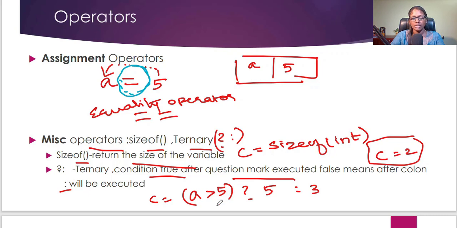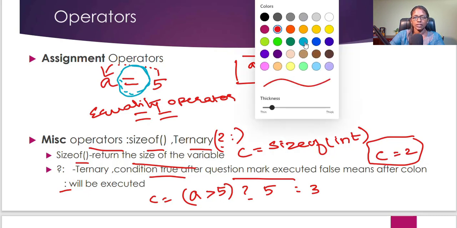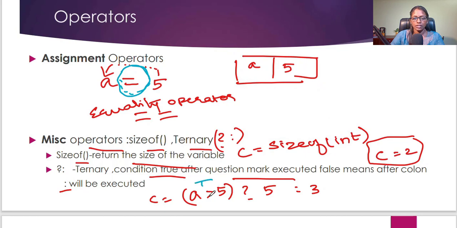If this condition is true, then what happens? What is after the question mark will be assigned, C equal to 5. This 5 will be assigned to C. If the condition is false, if the a value is 2, then it is false, right? Then 3 will be assigned to the variable C. So that is the ternary operator.